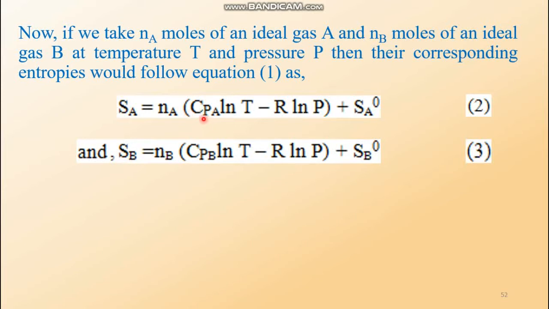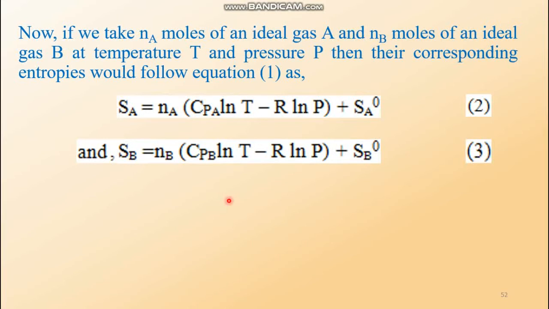In place of n we have written nA, in place of Cp we have written CpA, and in place of S0 we have written SA0. Similarly for gas B, in place of n you have written nB, in place of Cp you have written CpB, and in place of S0 you have written SB0.